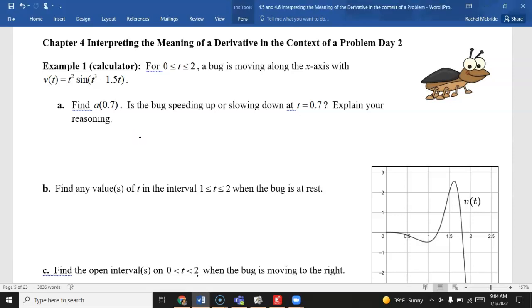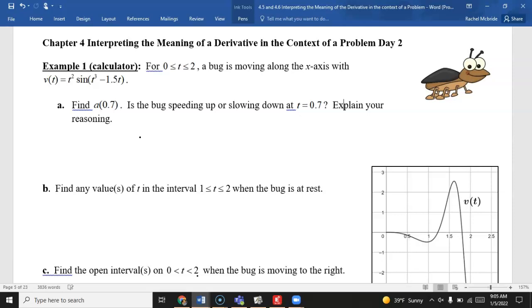So my A value is negative, and my V value is also negative. So a negative V and a negative A means that the bug is speeding up. So the bug is speeding up because A of 0.7 is negative and V of 0.7 is negative.